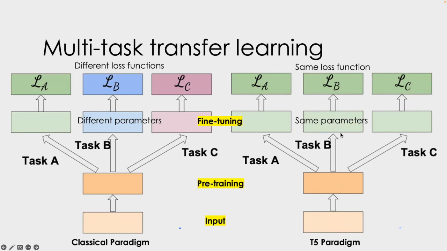It transforms all the different tasks into a text-to-text input format, and then trains one text-to-text model with the same parameters and the same loss function that can work well for all different tasks. That's the key difference, right? In the fine-tuning stage, we fine-tune just one model that serves all different NLP tasks. In the next slide, I'll show how it's able to achieve that.